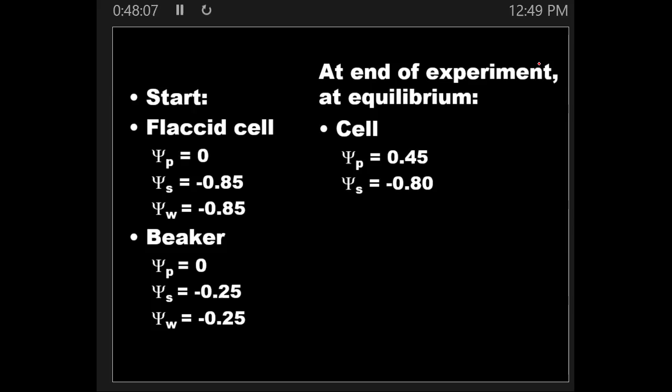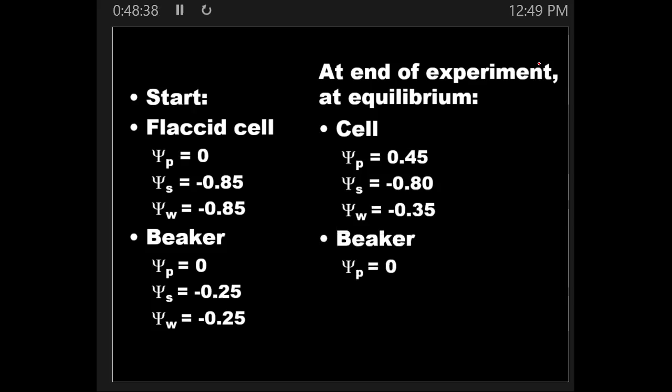So essentially what this is showing in numbers is that when water rushed into that cell, it diluted out the solutes that were in that cell. If you make a more dilute solution, you're going to make your psi sub S less negative. That's what you see here. It goes from negative 0.85, which is more negative, to negative 0.8, which is less negative.